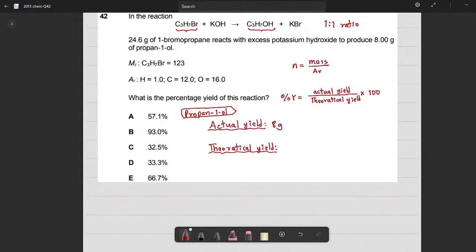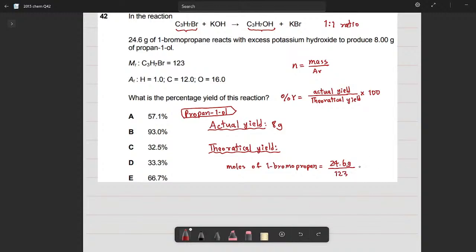For that we are going to use the mass of 1-bromopropane, 24.6, and divide by its molar mass, which is 123. So the moles of 1-bromopropane is equal to 24.6 grams divided by 123 grams per mole.